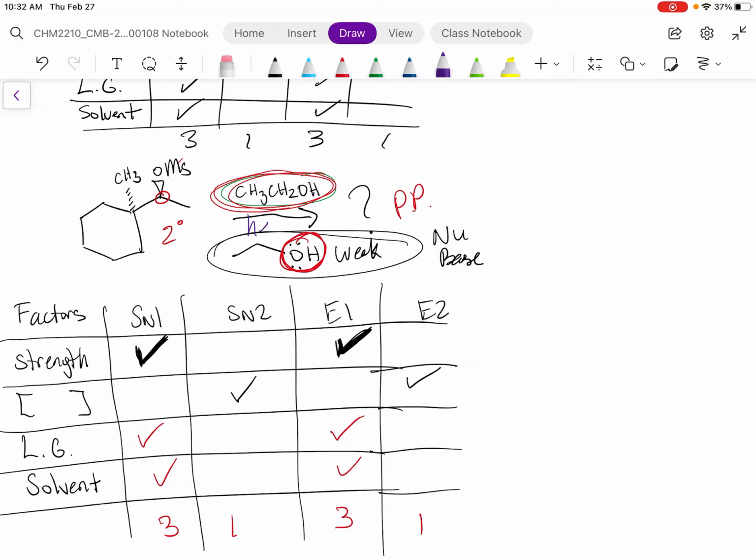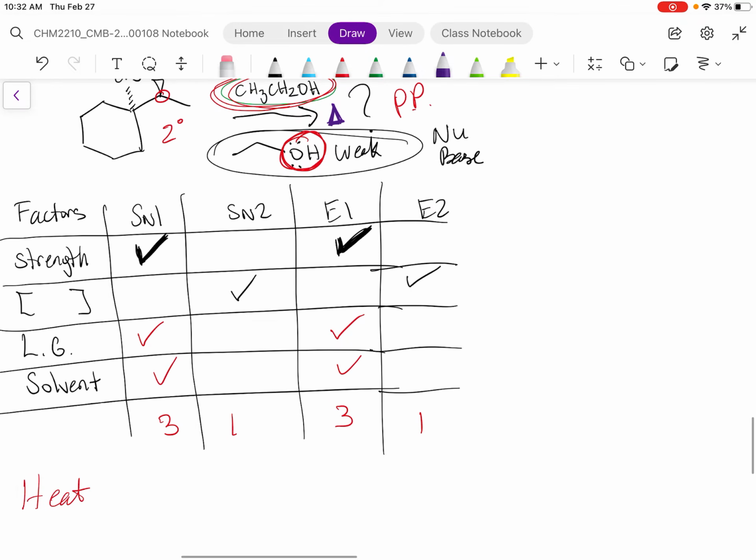They could say "and heat." Or if they don't do that, they'll do a delta symbol, which is just a triangle. They draw a triangle, the delta symbol, and the delta symbol implies heat is being added. But since there is no heat being added, we are going to break the tie and say that SN1 is the mechanism that wins out.